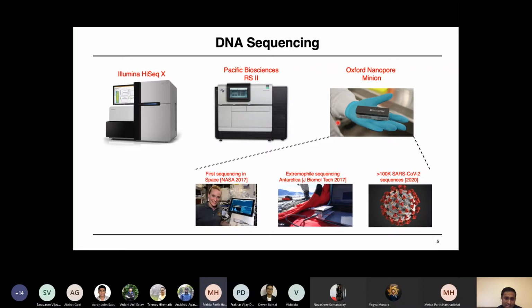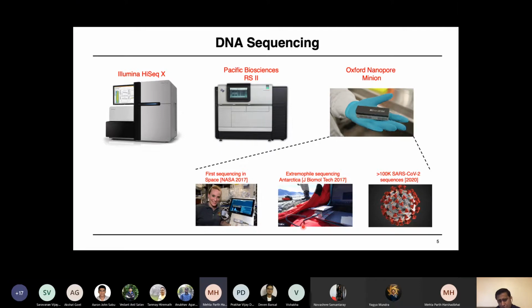And this has created a revolution in genomics because, as you can see, for example, in 2017, this device was taken to space by NASA to carry out the first DNA sequencing experiment in space. This, by the way, is Kate Rubins, who was recently also in the news for being the first person to have voted from space, from the ISS.